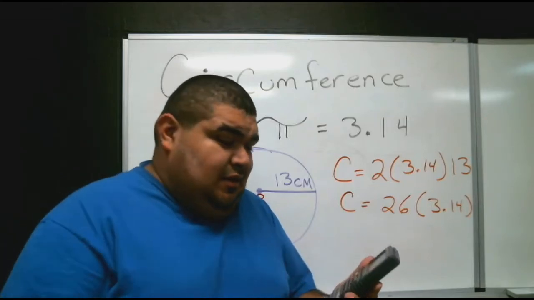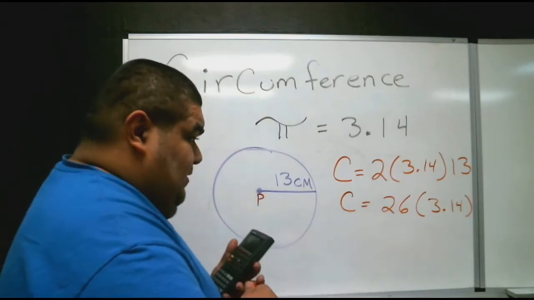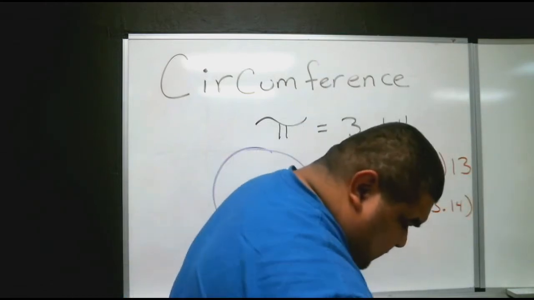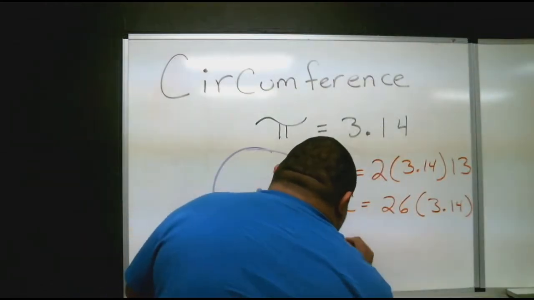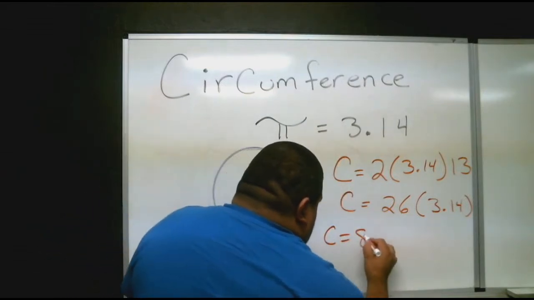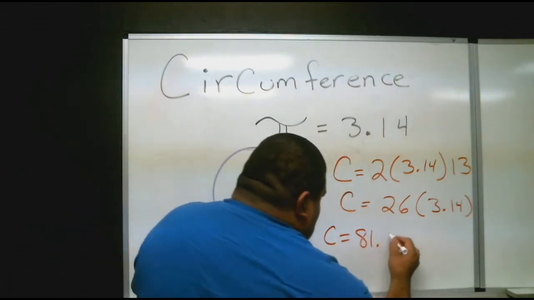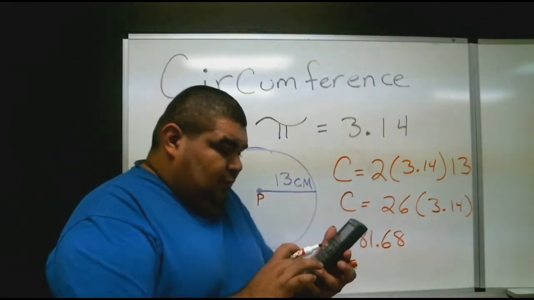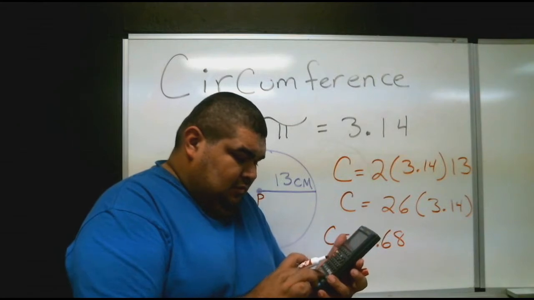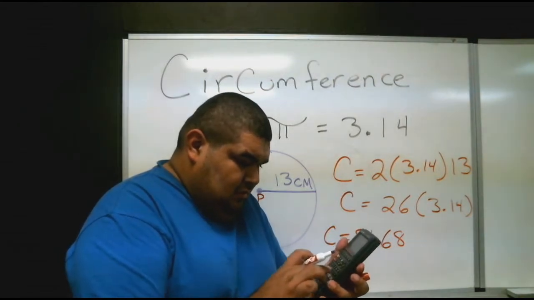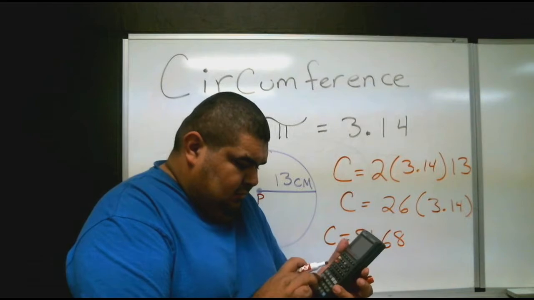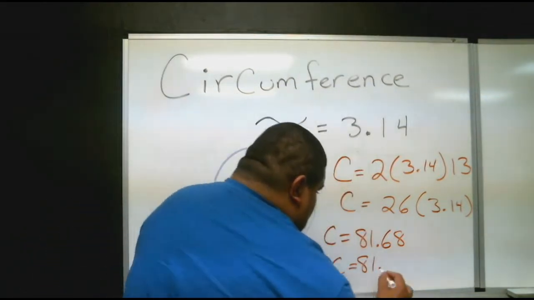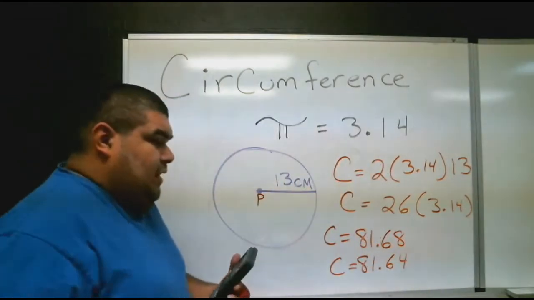So for the ones that used pi, your answer is C equals 81.68. If you did 26 times 3.14, you should have got 81.64, okay?